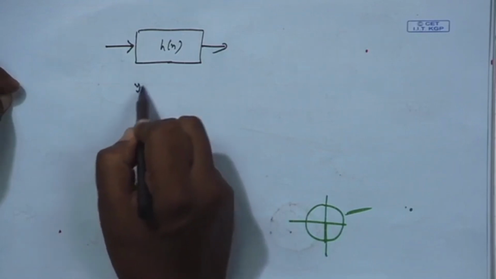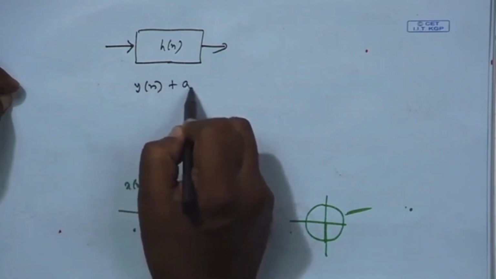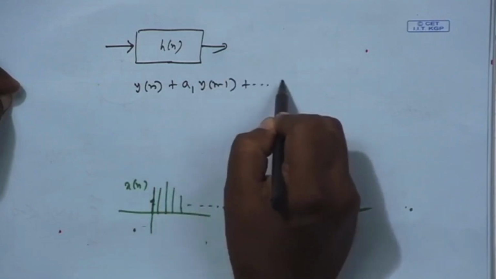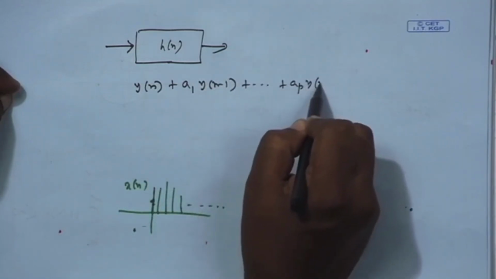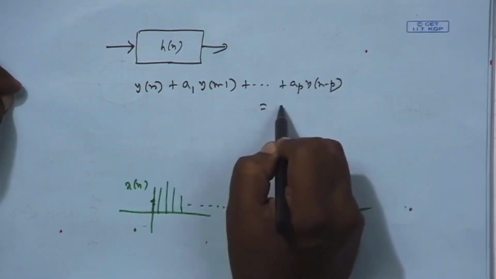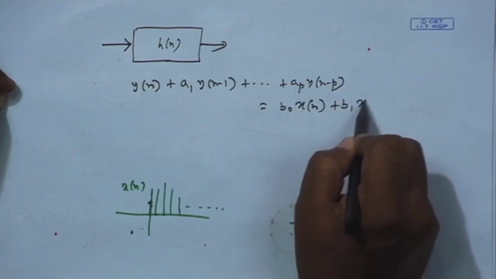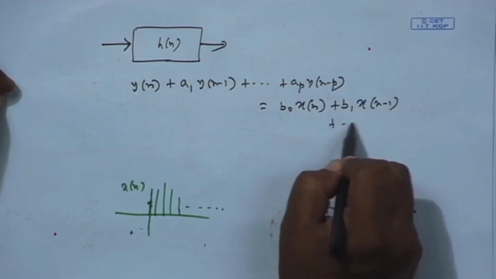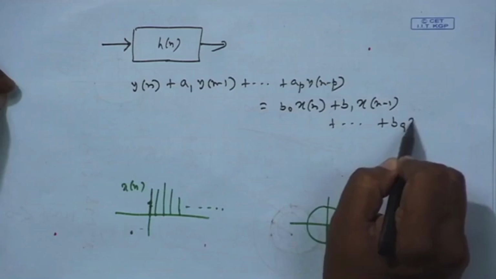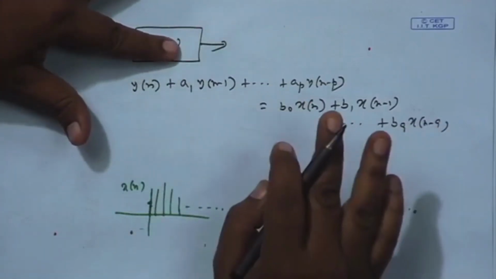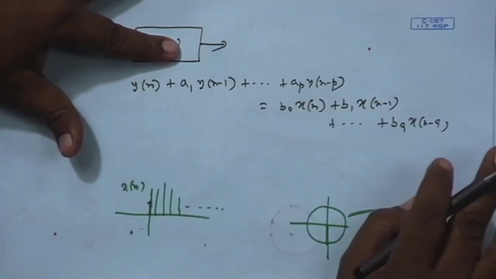It is given like this: y(n) and so on. Suppose we do not know whether it is linear or shift invariant, just this equation is given.